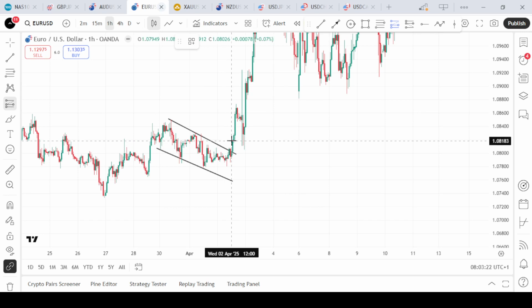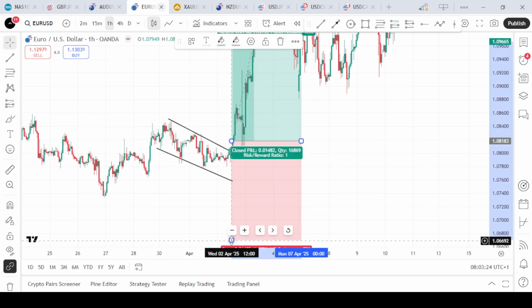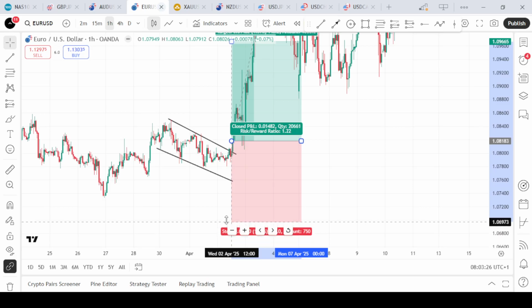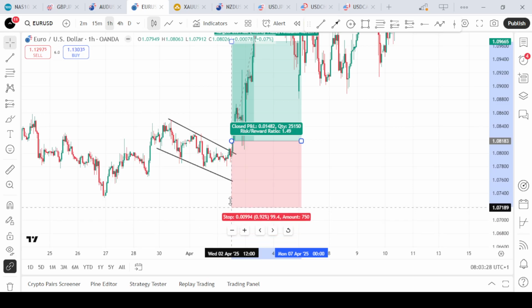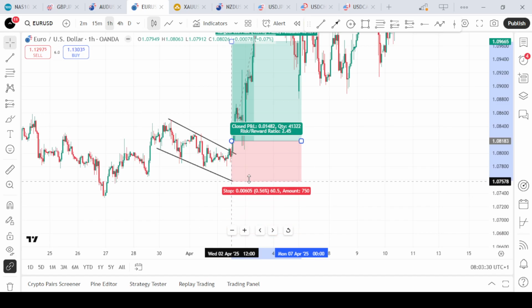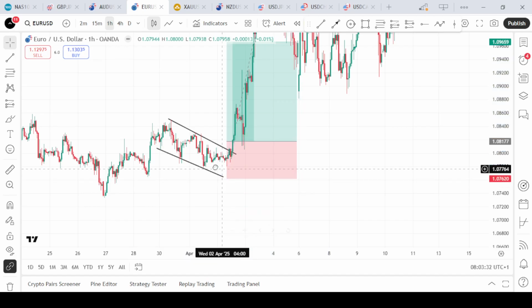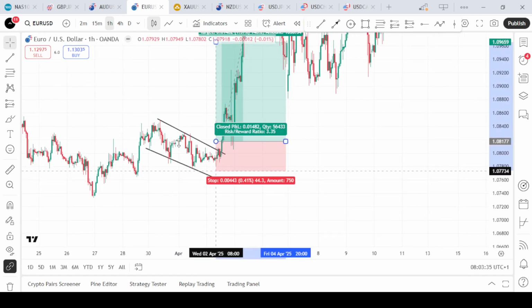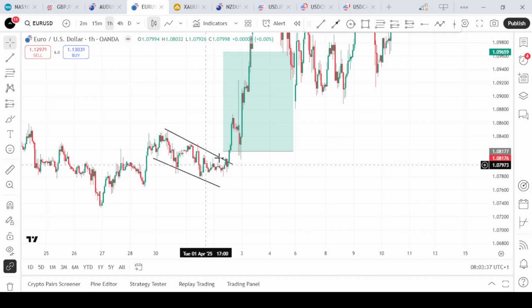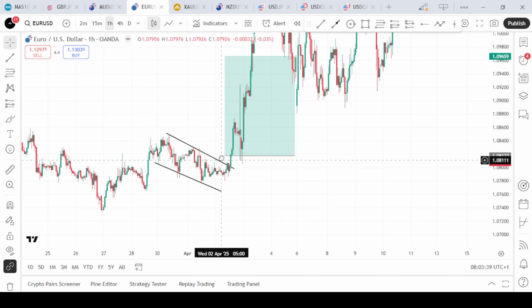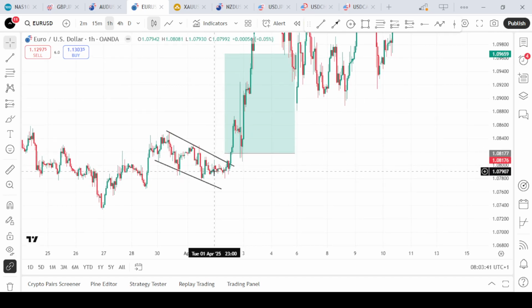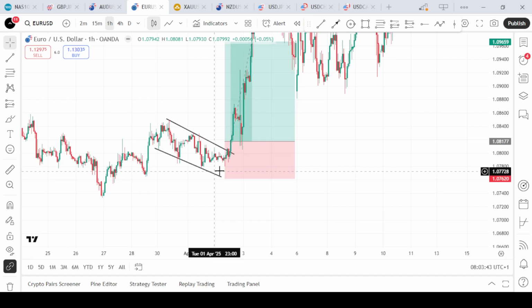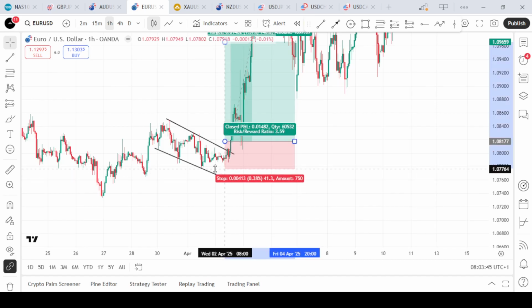So you will enter the moment price breaks out. Remember, your stop loss will be placed below the consolidation zone. This is the consolidation zone. So you place your stop loss just below the consolidation zone, this area.